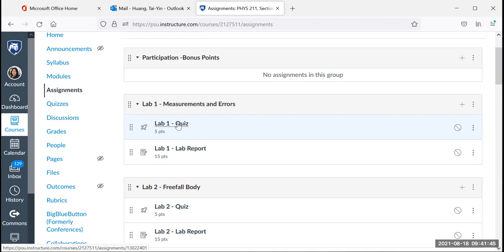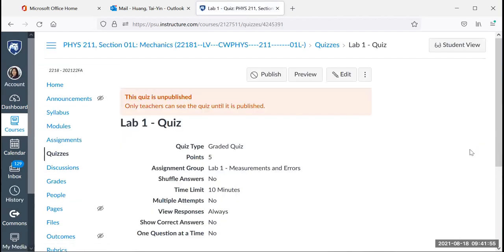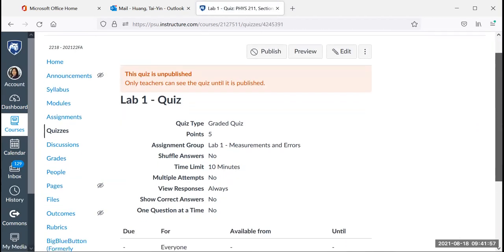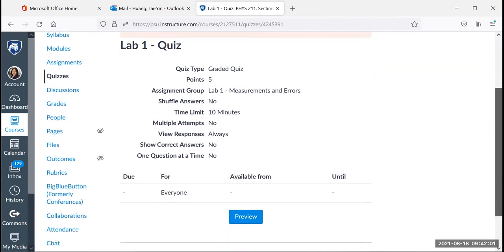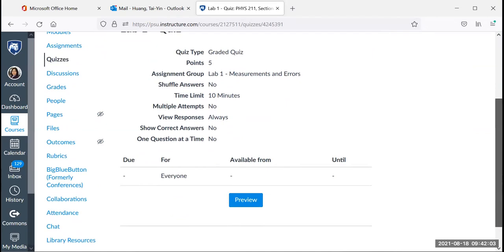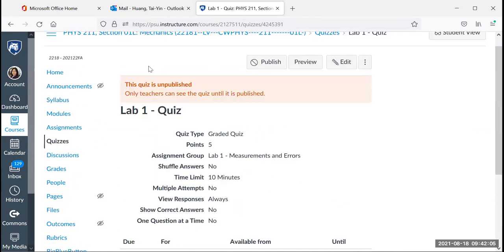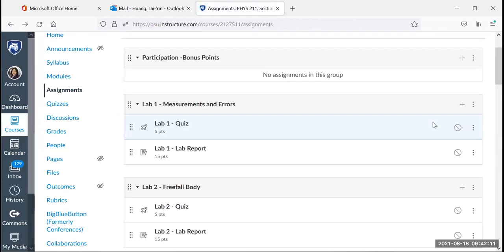So make sure that you read the lab activity and watch the recording before you're ready to take the lab quiz. It is worth 5 points. There are 5 questions, each worth 1 point. When you're ready to take it, just click on the quiz, and you should be able to take it.